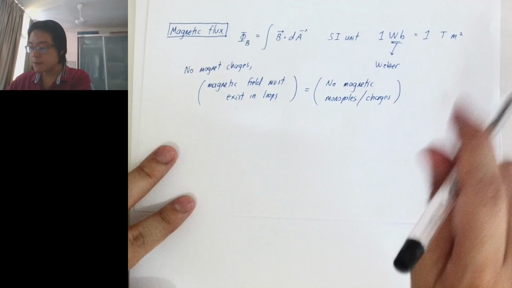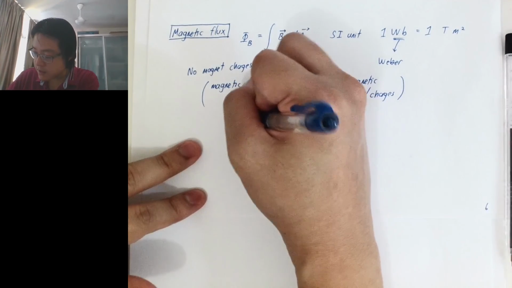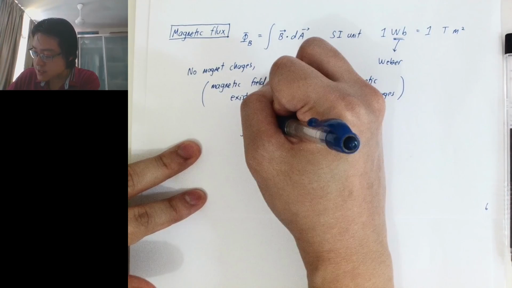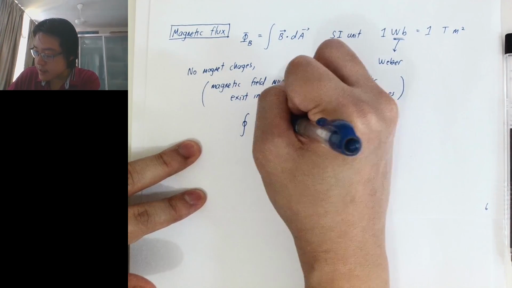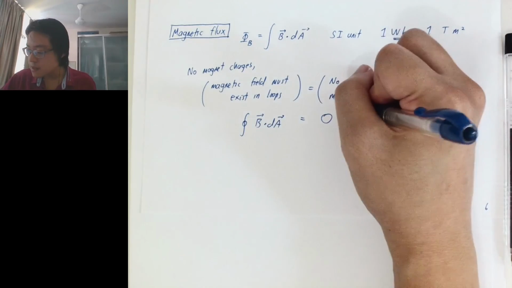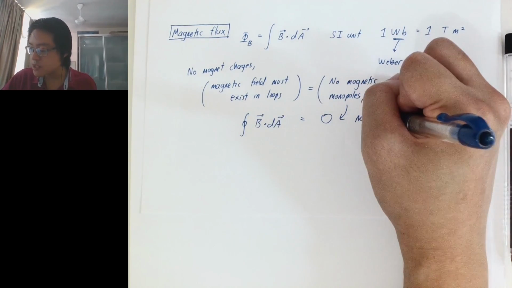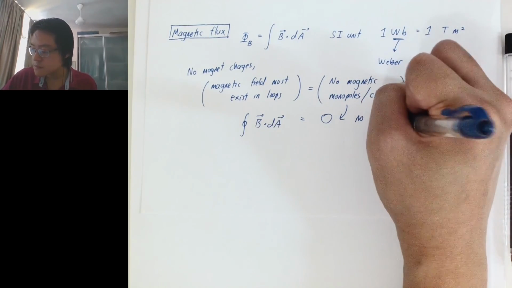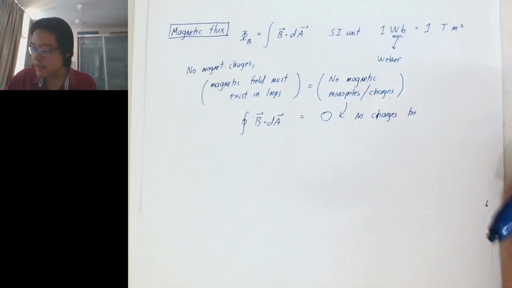So what is happening here is that the flux over any closed surface must be exactly 0, because I have no charges for magnets.